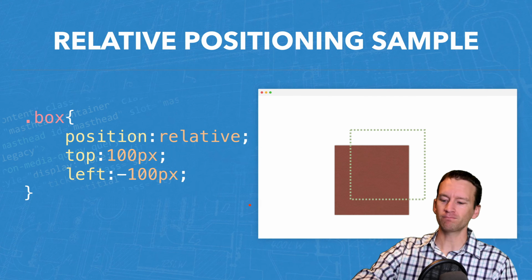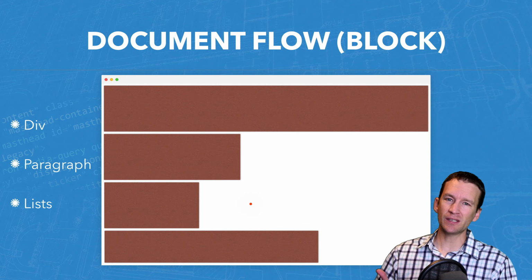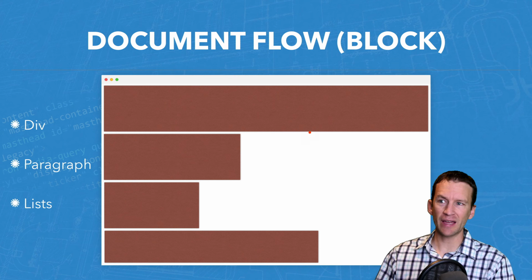So let's go ahead and take a look at a quick topic we need to understand, which is called the document flow. Whenever you're using CSS positioning, you are modifying the normal document flow of a document. Just as a quick refresher, tags come in several different varieties, but by default, a lot of the tags are what we call block level tags.